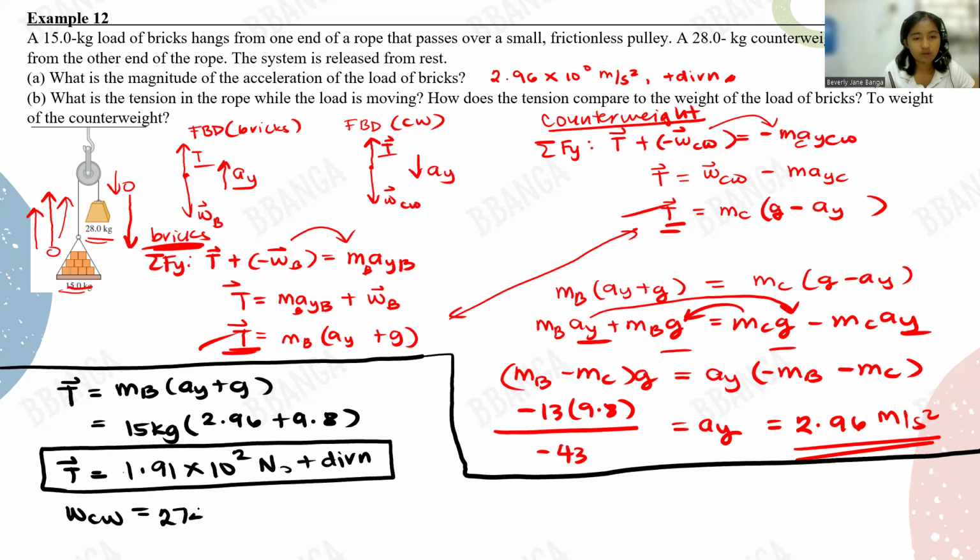So, this is 274.4 newtons. So, yung tension natin, or yung weight natin, para ano daw yung i-multiply mo sa tension natin para ma-compare mo siya kay counterweight. Kasi sabi niya, how does the tension compare to the weight? So, ratio yung hinahanap natin dito. So, we have this one, the weight of the counterweight divided by tension.